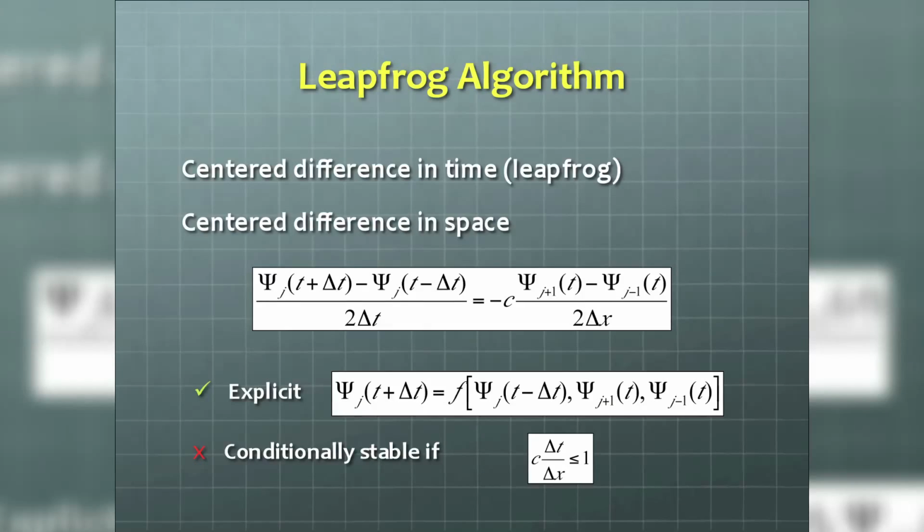This is another one here. In this case, you keep the center difference, so that would normally be unstable, but you change the way you calculate your derivative. You now use what's called a leapfrog technique. So rather than calculating n plus 1 minus n, you calculate n plus 1 minus n minus 1 over 2 delta t.